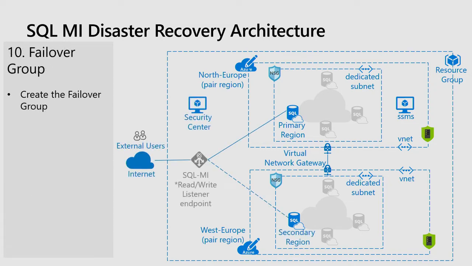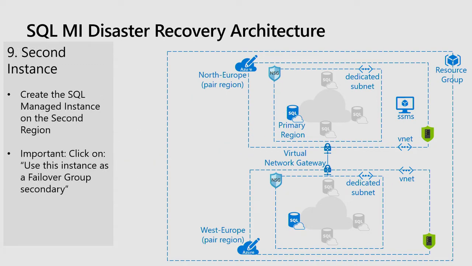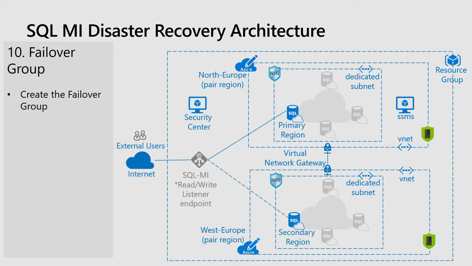Number 10, failover group. This is the time, as you can see, the difference between 9 and 10. This is the time to have your external users approaching your environment through the failover group. I have here at this line primary region all the time.